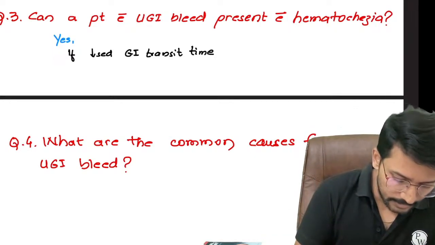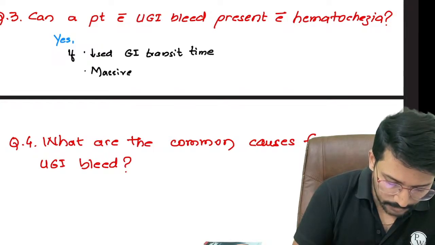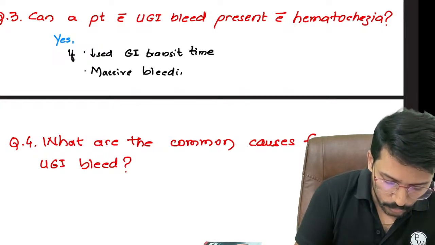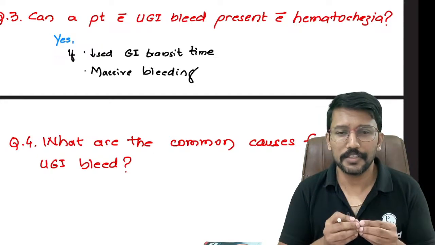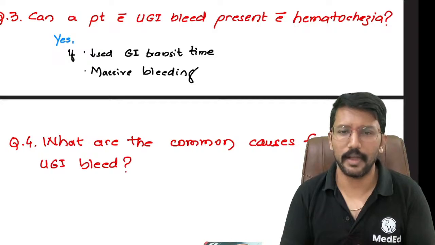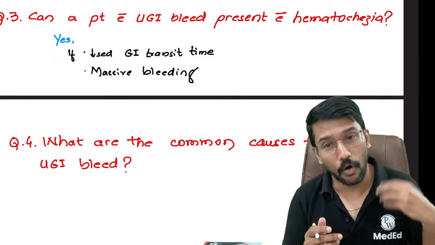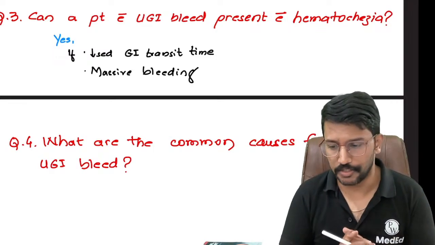Second, if there is massive bleeding, say the patient bleeds 1 to 2 liters, or even 500, 600 ml, that is massive blood loss. In such cases, the hydrochloric acid produced by your stomach, your bacterial activity and digestive enzymes may not be able to convert all that heme into acid hematin. So you will still lose frank blood in such cases, right?